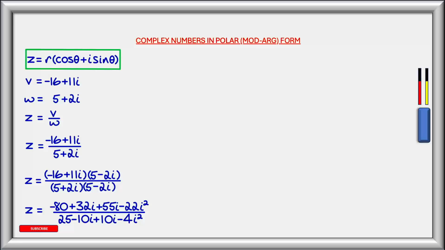And if we expand the brackets in both numerator and denominator, we get z equals minus 80 plus 32i plus 55i minus 22i squared divided by 25 minus 10i plus 10i minus 4i squared.